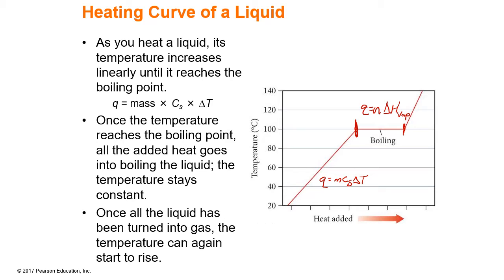So in the flat portion of our curve, when we're converting the liquid into the gas, it is the number of moles times the heat of vaporization. After all of the molecules have been converted into the gas phase, then our temperature again begins to rise linearly once it is a gas.